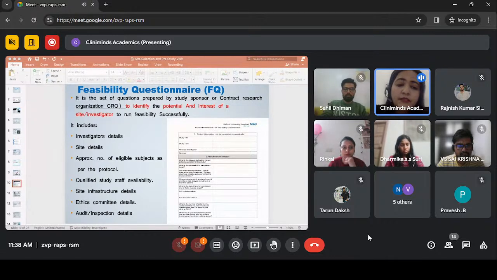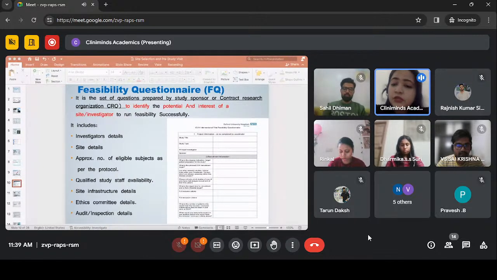Then the qualified study staff availability. For all the investigator team members who are in the team, their qualifications, experience, and trainings will be collected in the feasibility questionnaire.